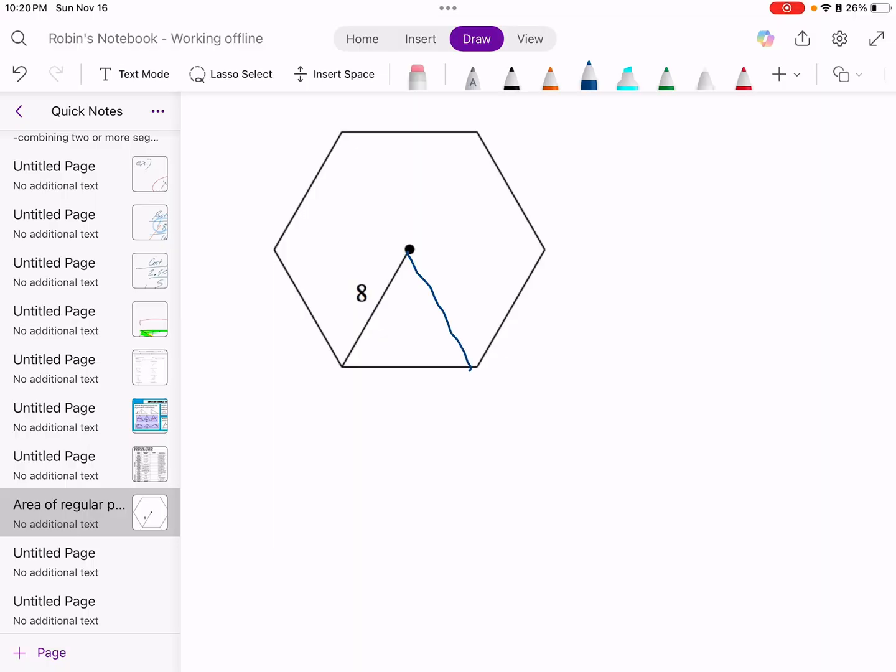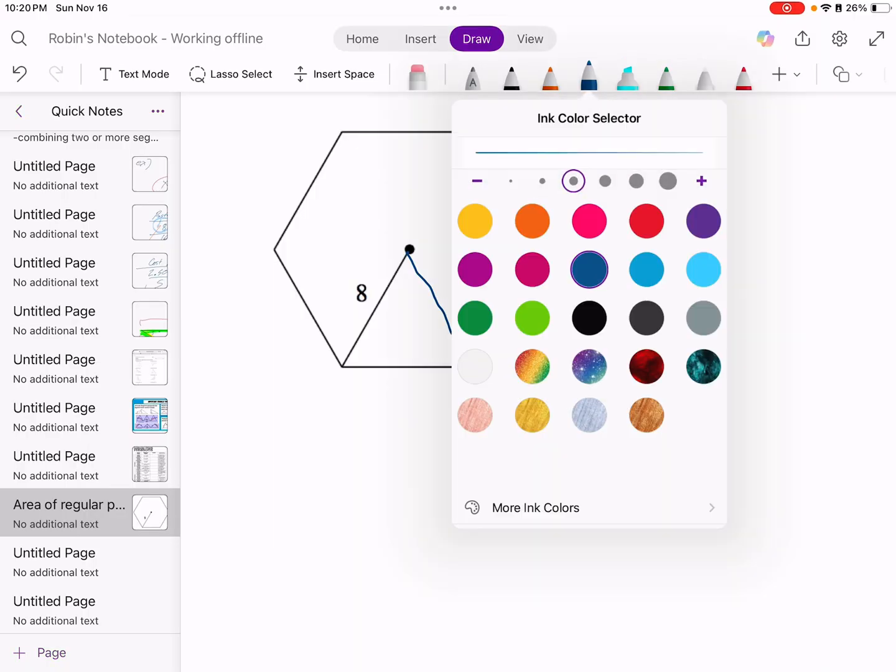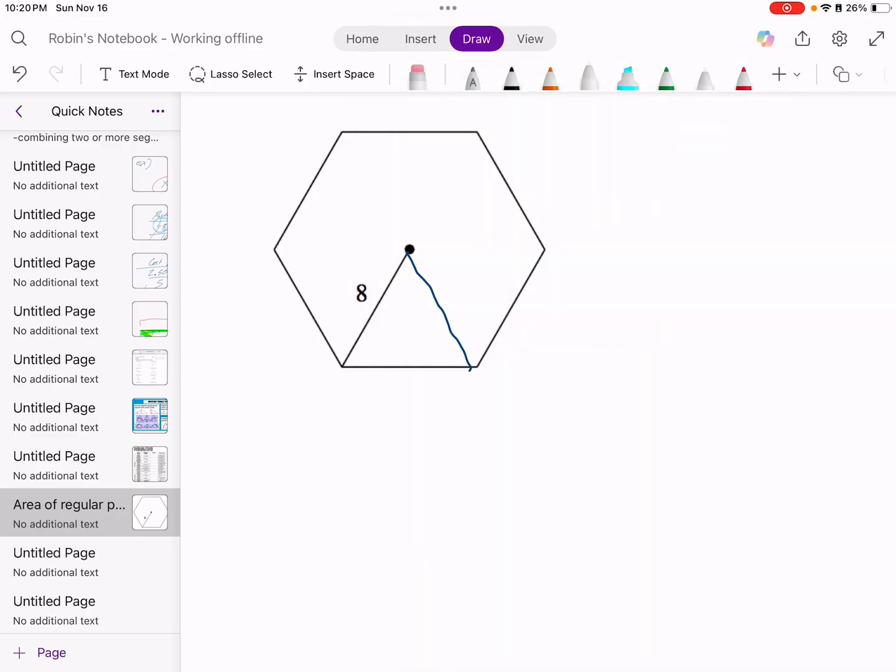And actually, for the purpose of this, I'm going to temporarily make that 8 disappear. I don't want that there. I'm just going to start off with this hexagon.